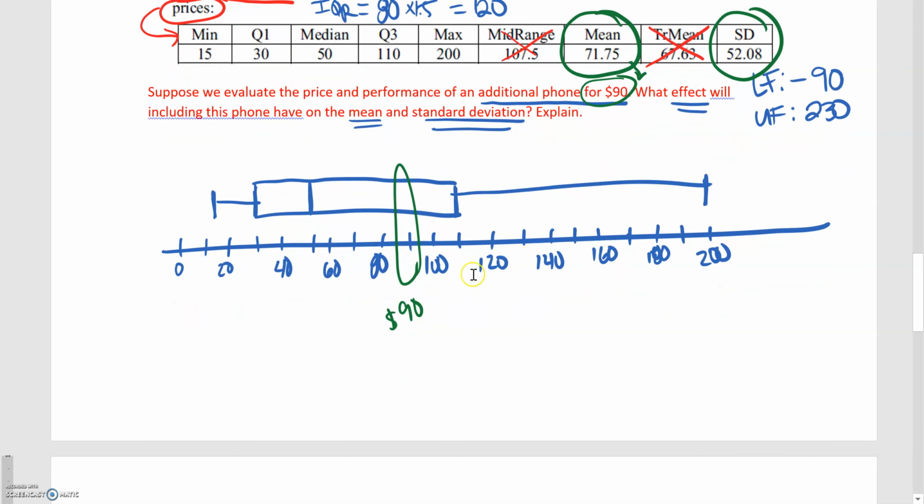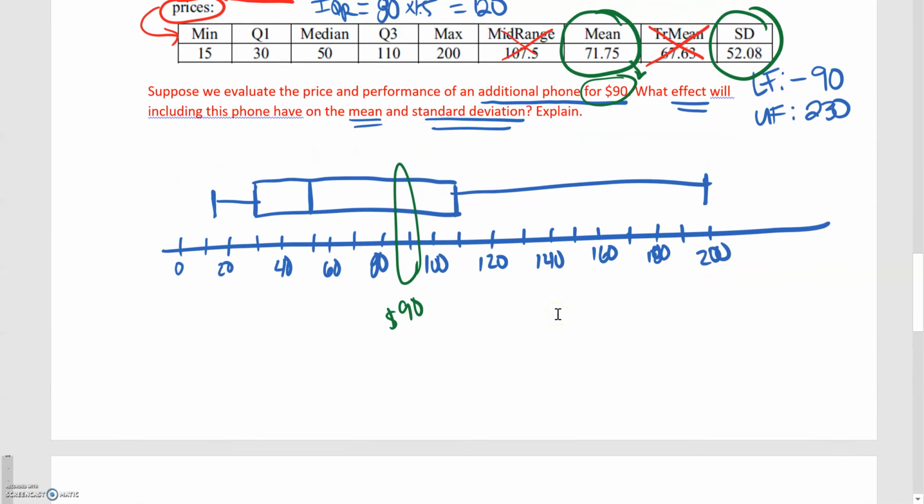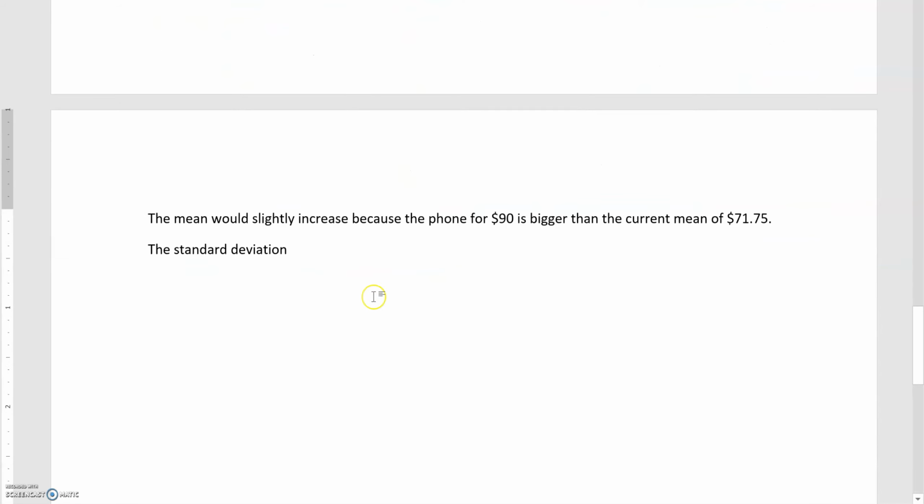If you look at the comparison of 90 to 71, that's about 20-ish units away from the mean, which is smaller than the actual standard deviation of 52. So therefore, the standard deviation is going to decrease because you're adding a value that's closer to the mean in respect to the standard deviation. So that's what you would write out.